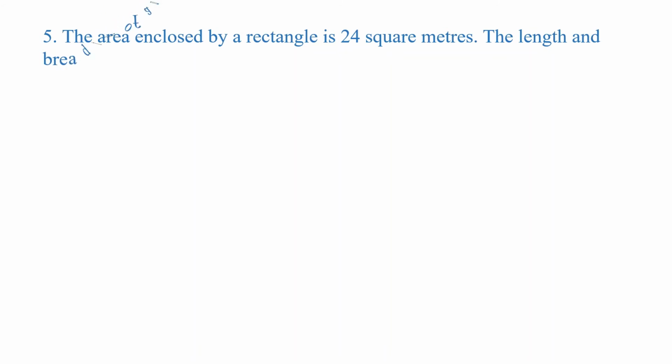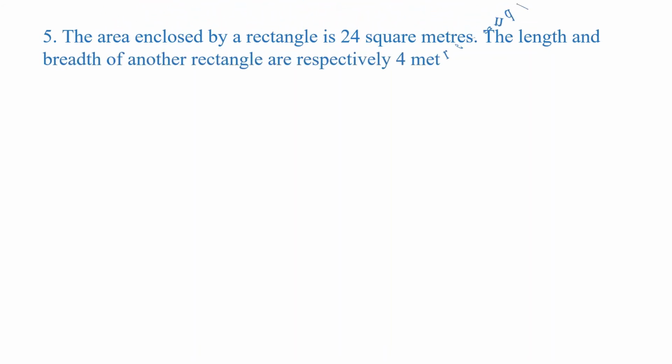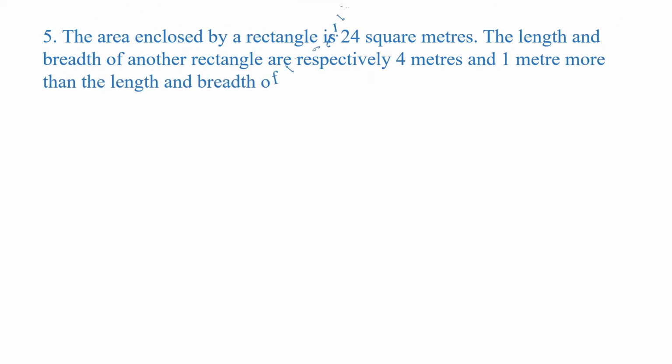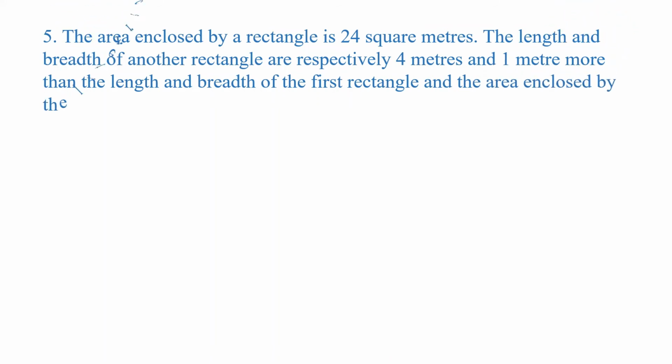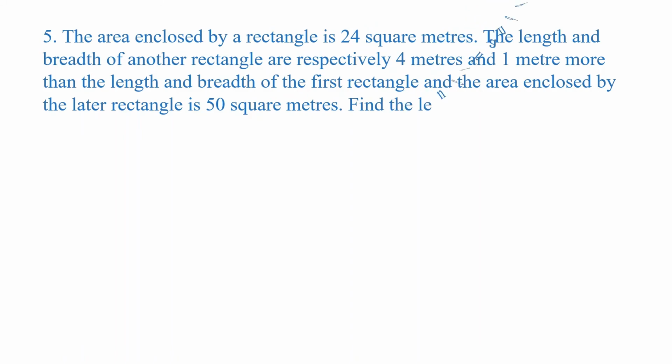Problem 5. The area enclosed by a rectangle is 24 square meters. The length and breadth of another rectangle are respectively 4 meters and 1 meter more than the length and breadth of first rectangle, and the area enclosed by the latter rectangle is 50 square meters. Find the length and breadth of the first rectangle.